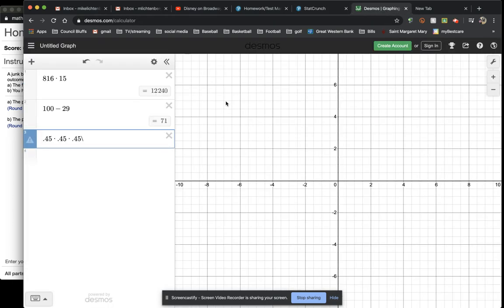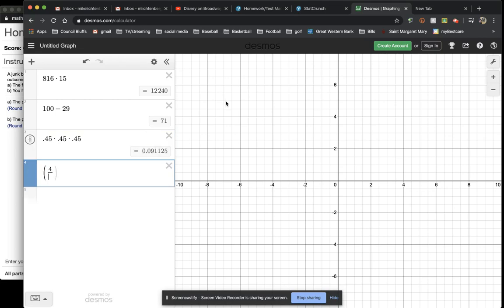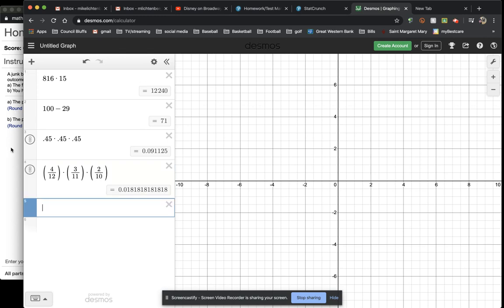So 4 out of 12 times 3 out of 11 times 2 out of 10. Okay. Round to 3 decimal places, so that would be 0.018.